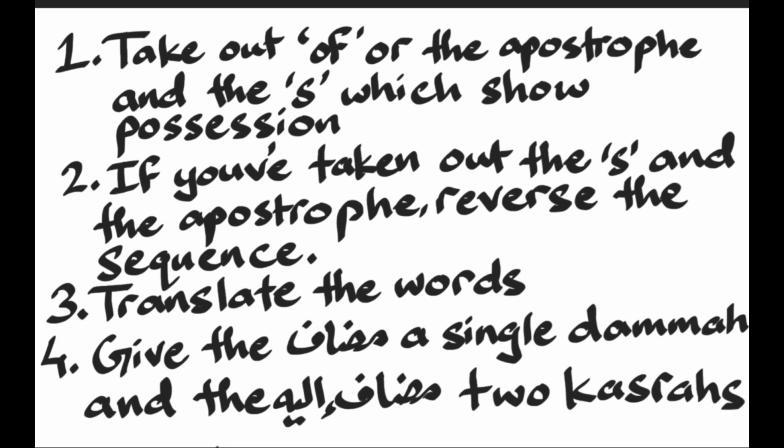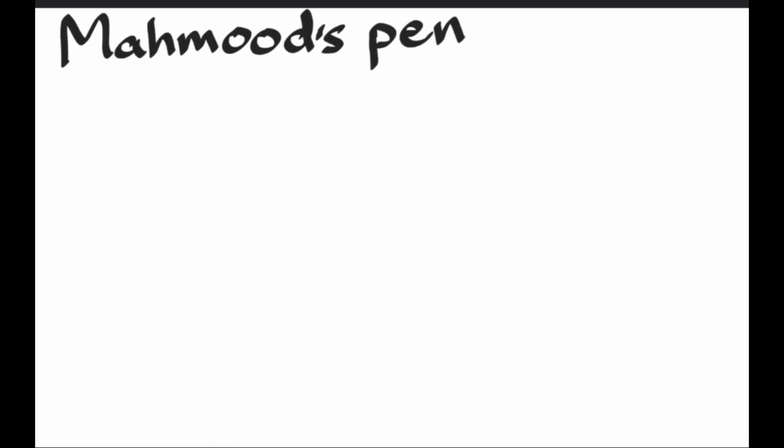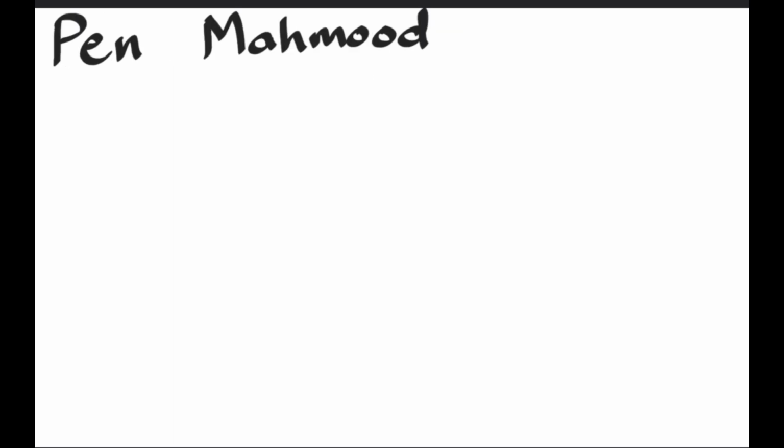You want to translate, for example, Mahmud's pen into Arabic. The first thing you need to do is take out the apostrophe and the s. Now that you have taken out the apostrophe and the s, you need to change the order, change the sequence. So Mahmud pen will become pen Mahmud. Now translate the same words in the same order.